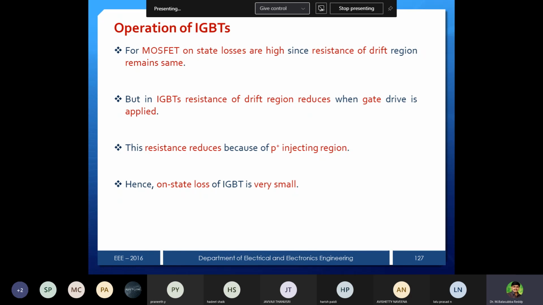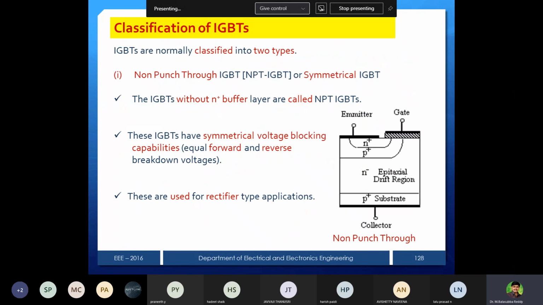The P+ injecting layer reduces the resistance. On-state losses of the IGBT are very small compared to the MOSFET.